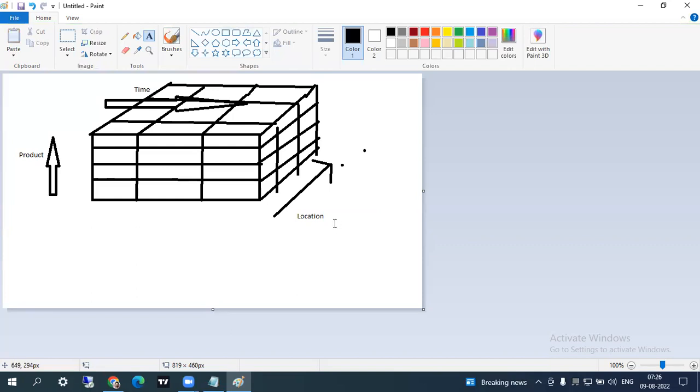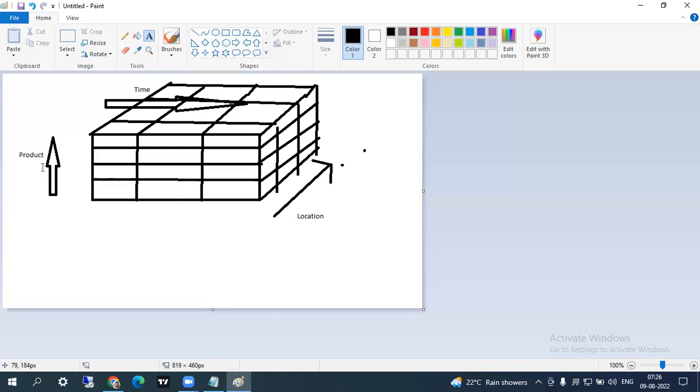If you add the location dimension also, the Z dimension here, then in a single thing you can capture which product, in which quarter, and in which location you have sold it.